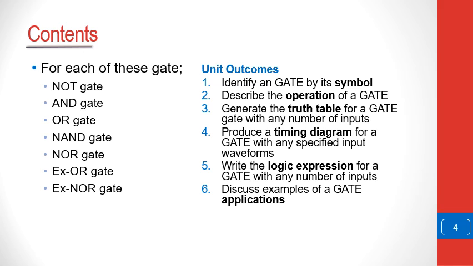The student is also expected to write a logic expression in Boolean algebra for a particular logic gate, and is also expected to describe how a logic gate can be used in a certain application.